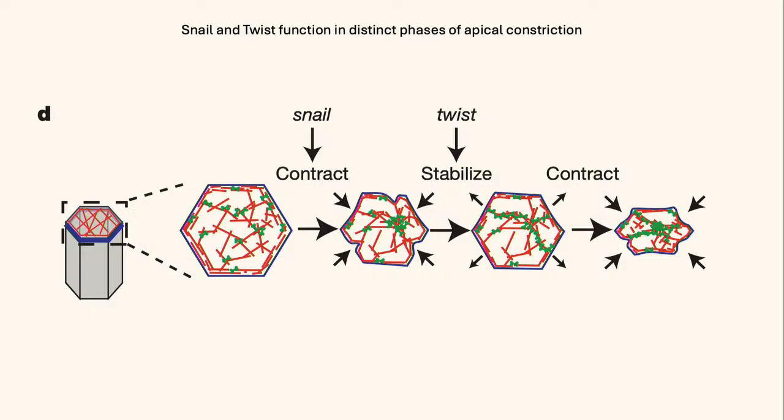The myosin coalescence occurs such that there are regions of intense myosin, which also leads to adherens junction bending in these regions. There is a phase in which contraction occurs and then it stabilizes, and then again there is contraction and then stability, until the final decrease in area is achieved.